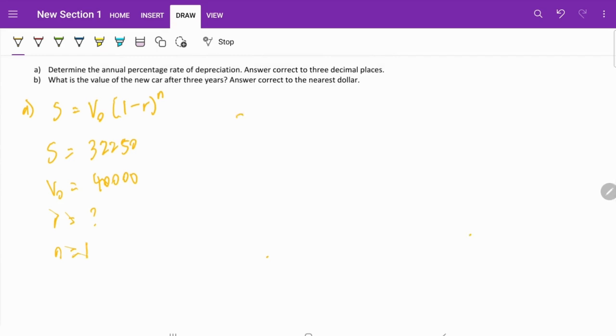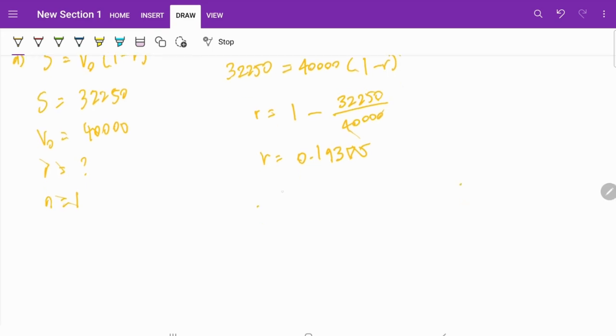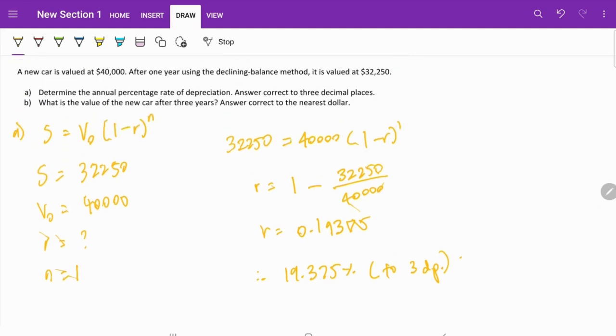Now we can apply this to our formula, so you get 32250 equals 40,000, 1 minus R to the power of 1, and if you rearrange that, you should get 1 minus 32,250 on 40,000, and that will give you R equals 0.19375. And if you want to convert that to a percentage, you just times it by 100, and that will give us a total depreciation rate of 19.375% to 3DP.